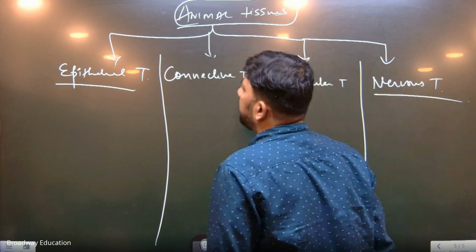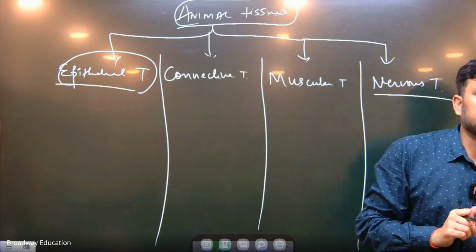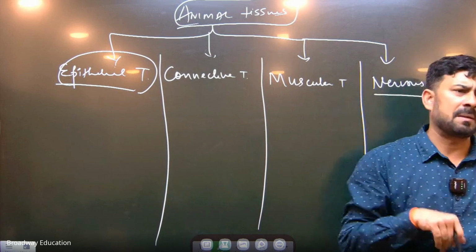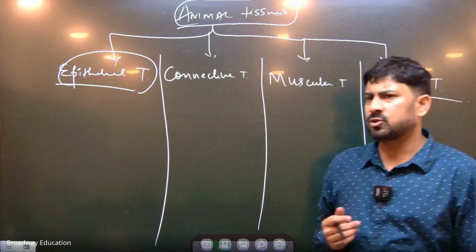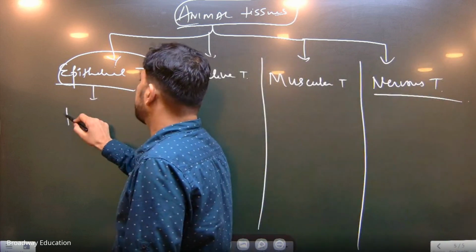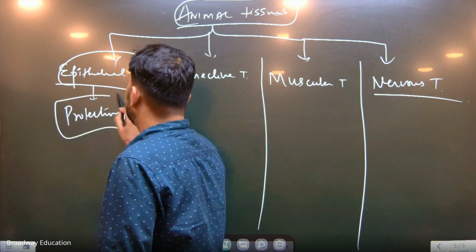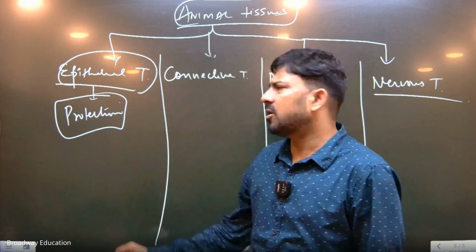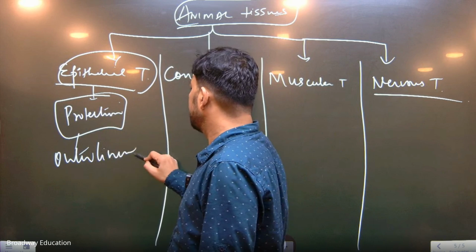Now, in the epithelial tissues, if someone asks you, what's the main function of epithelial tissues? Answer should be protection. Remember this. Is this part clear? Protection means it forms an outer lining. Understanding my point? Yes or no?